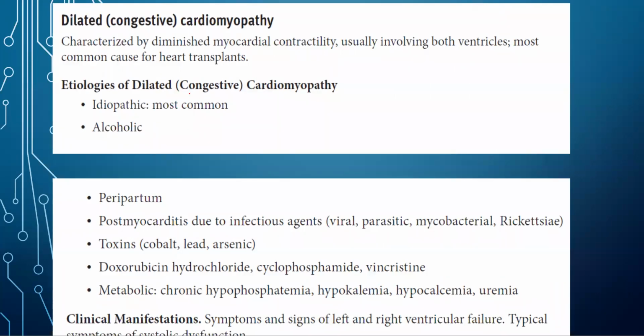What is the most common cause of dilated cardiomyopathy? Idiopathic. Okay, that means no known cause actually. But next is alcohol. Alcoholism very commonly causes dilated cardiomyopathy. Other than this, you don't need to memorize anything else. A patient with dilated cardiomyopathy presents with heart failure features.